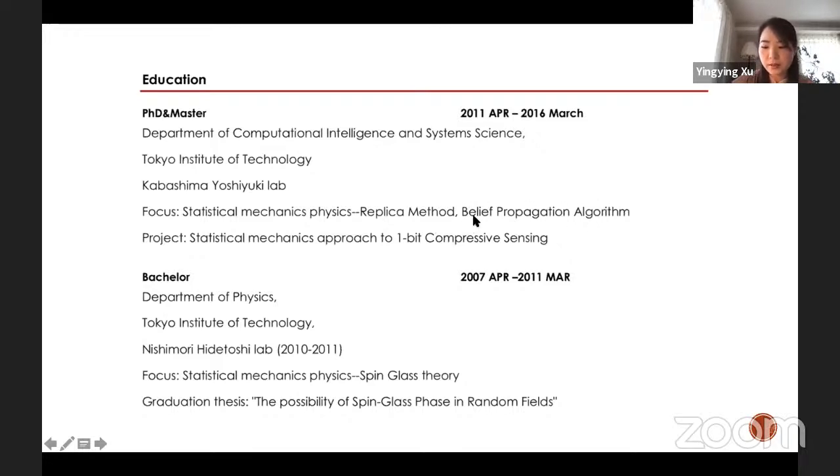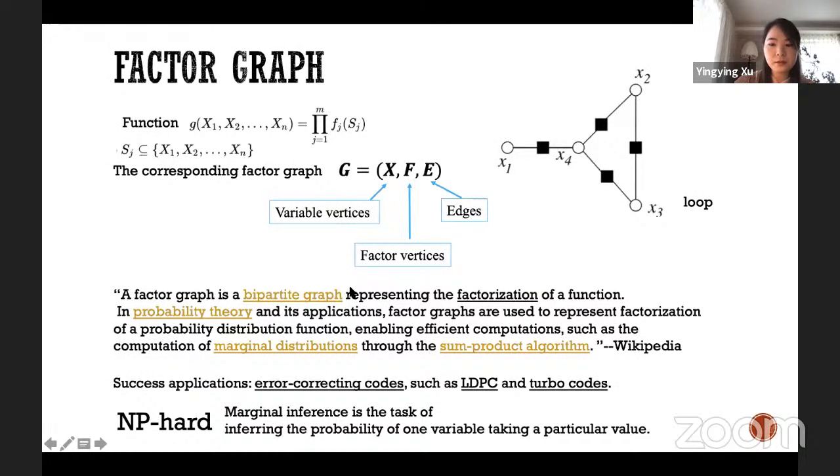Another name is message passing algorithm. So first, I have to introduce the factor graph. The factor graph is a bipartite graph representing the factorization of a function. In probability theory, factor graphs are used to represent factorization of a probability distribution function, enabling efficient computations, such as computation of marginal distributions through the sum product algorithm.